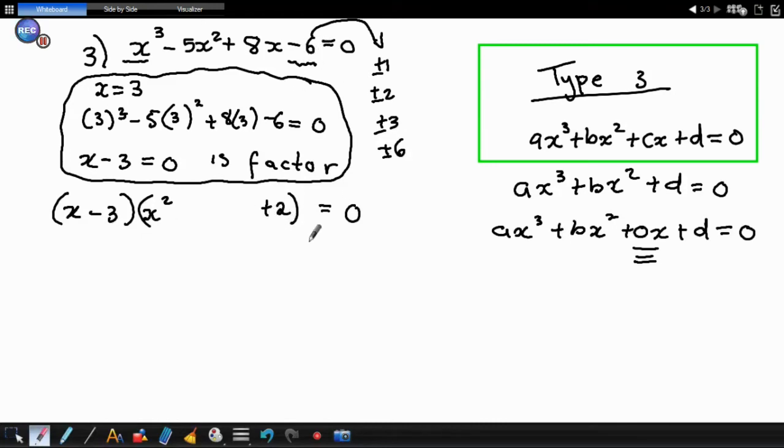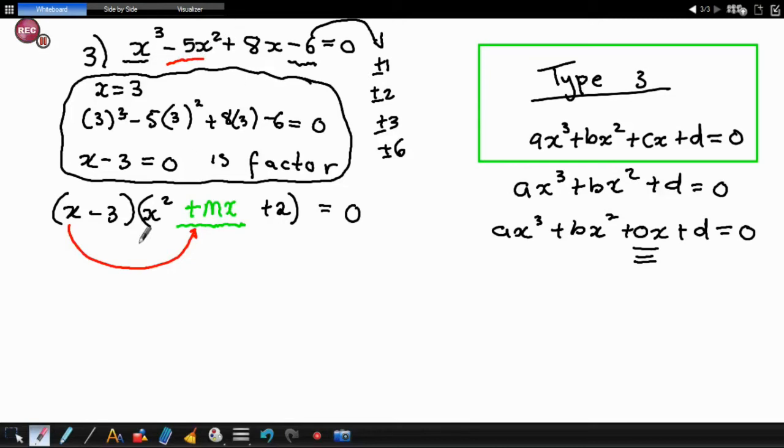Right, so we already have most of the things here. The only thing we're short of is the one in the middle, and we are going to write this as plus mx because we don't know what it is yet. Then the second thing we're going to do is say, okay, now we know that there are 2 terms that we multiply in each bracket that contribute to that negative 5x squared.